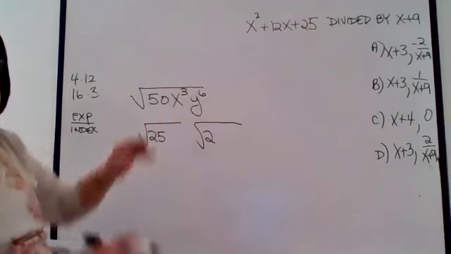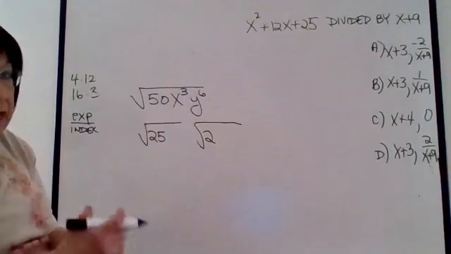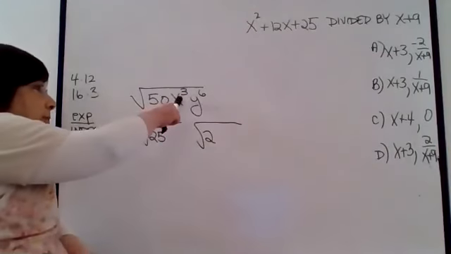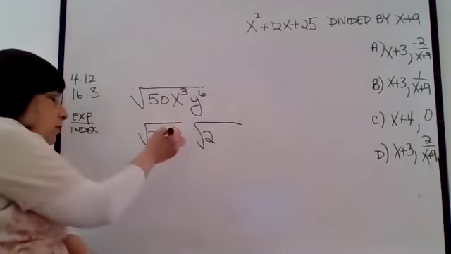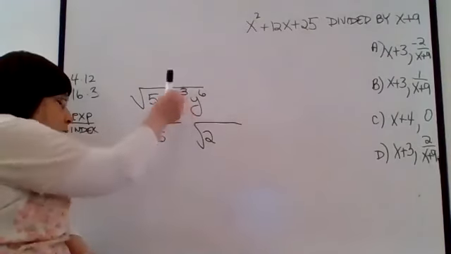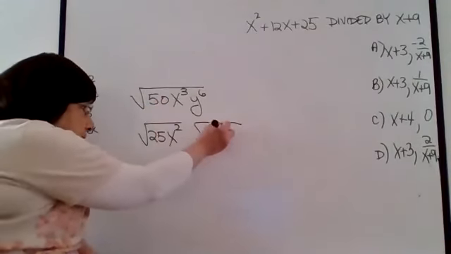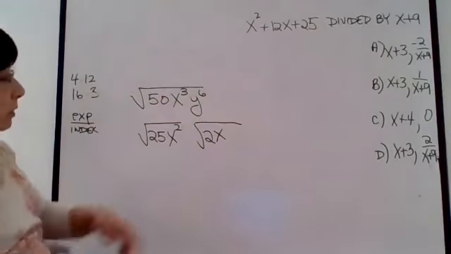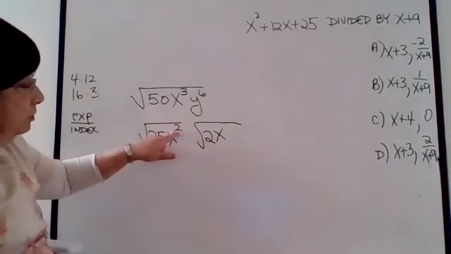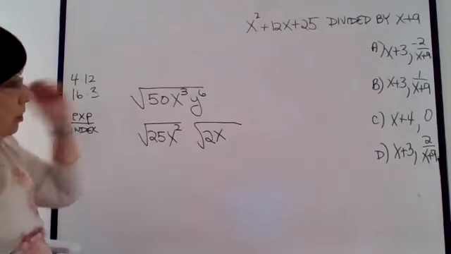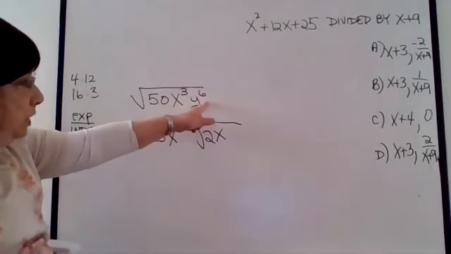That's not a perfect square because 3 divided by 2 is going to give me a decimal. So I'm going to take 1 away from the x cubed. It'll leave me an x squared. And in the second radical, I'll put the x, because the x squared times the x gives me the x cubed. Then I go to the next variable, which is the y to the 6th.